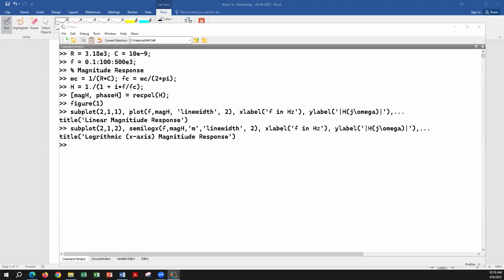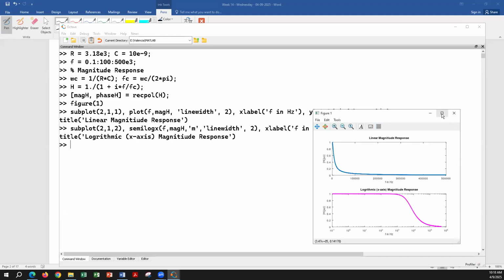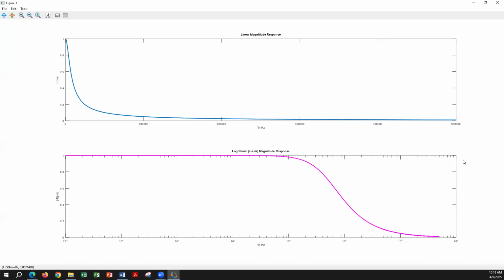So observe how the response looks, and that's the difference I was telling you about. The first one is linear. It doesn't look like a very nice low pass filter response because our frequencies are so small. 5 kilohertz is so small that I plotted the response up to 500 kilohertz. Everything is happening in a small range of frequencies, and it is pushed towards 0.